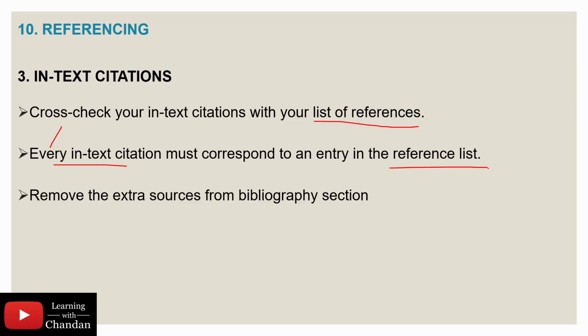So please make sure that every in-text citation matches and corresponds to every entry in the reference list, and that there are no extra sources mentioned in the last bibliography section or even in the main text citation.